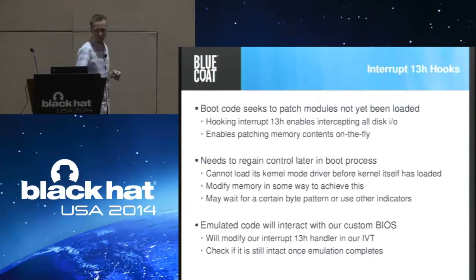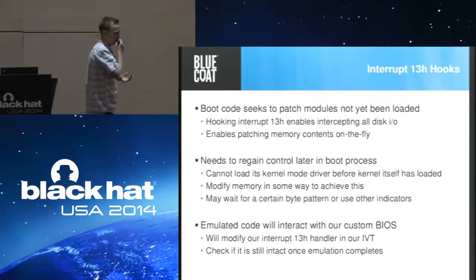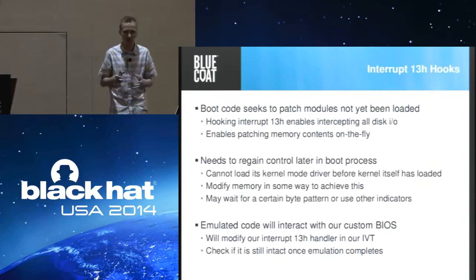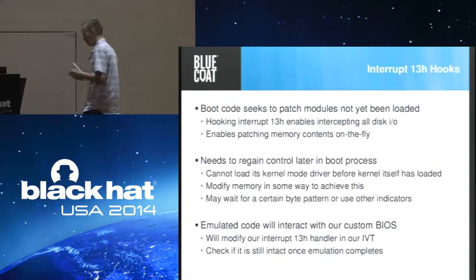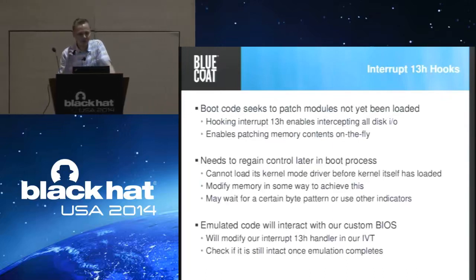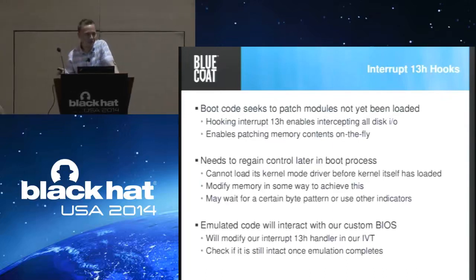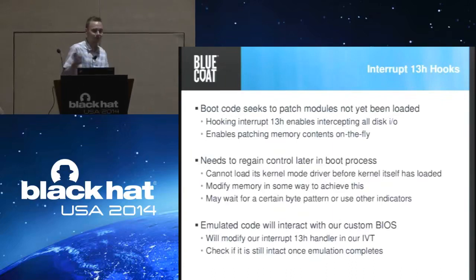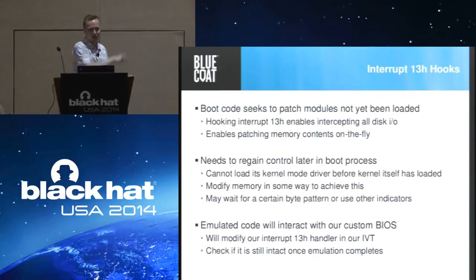So why would you hook interrupt 13? I mean, you saw in the demo that it modified the interrupt 13 handler. Why would you do this, right? The thing is that the boot code really seeks to patch modules that have not yet been loaded. So when it's running, it needs to regain control at a later point in time.